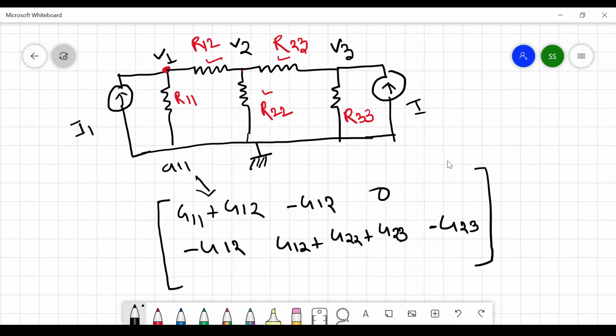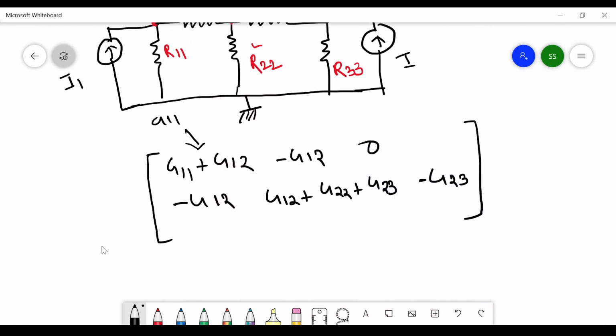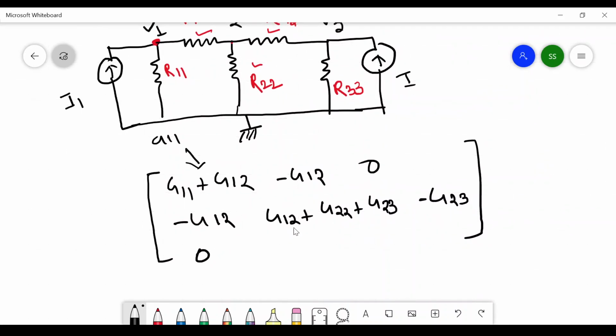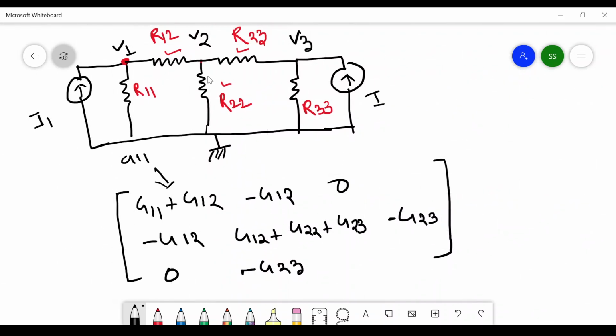Similarly for node 3, here the element 3 1 means all the resistance connected between 3 and 1, that is 0. 3 2, that is this R23, minus G23, and G33, that is all the resistance connected in node 3 only, that is G23 plus G33.